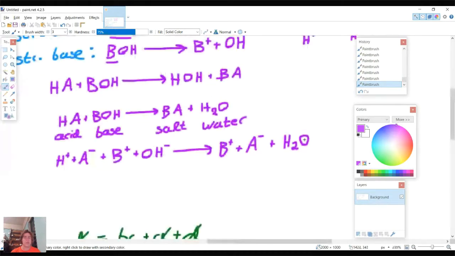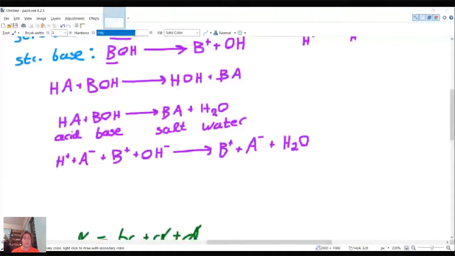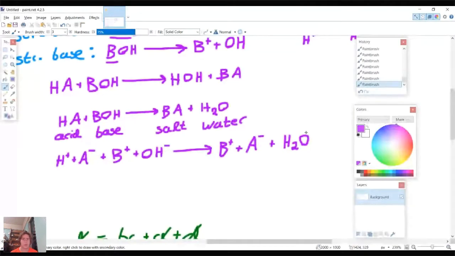And the reason why the H2O isn't split into terms is because it's not soluble in water. It is a little bit, and you'll learn about that later, but it has a very, very weak ionization constant, which you'll learn later when you go to equilibrium, which I think is my favorite part of chemistry.